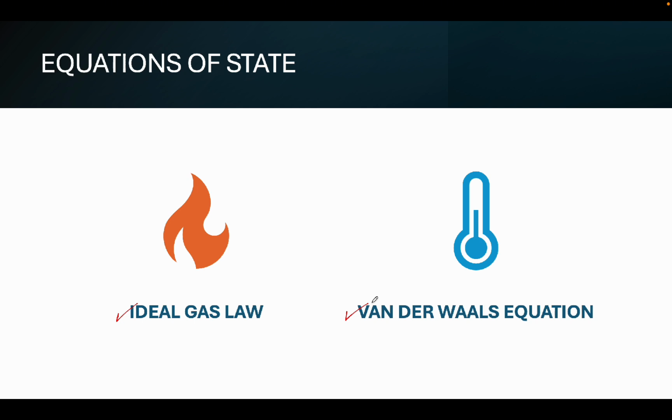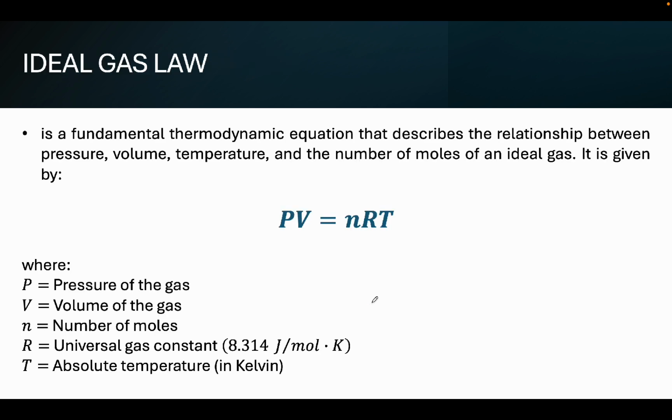The ideal gas law and the van der Waals equation both describe the behavior of gases under different conditions. While the ideal gas law provides a simple model, the van der Waals equation accounts for real gas interactions. Okay, so let's start first with the ideal gas law.